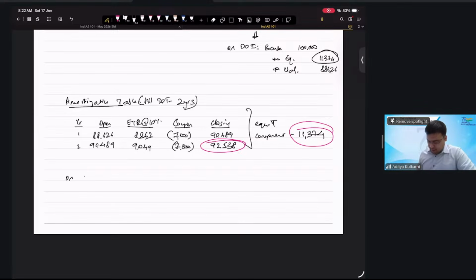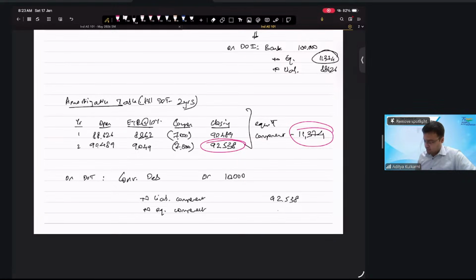So on date of transition, this will be your entry. First of all, convertible debentures, which is appearing at 1,00,000, will go away. Convertible debentures account debit to liability component 92,538, to equity component 11,374. Yes or no?